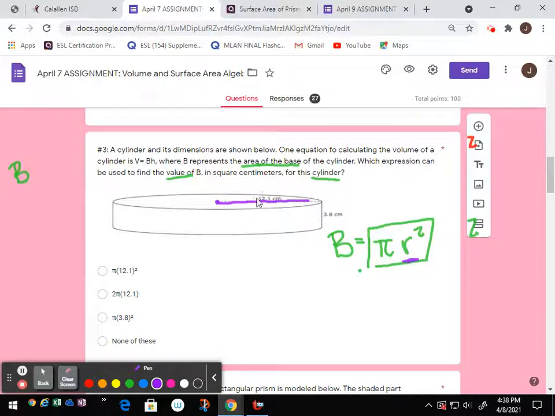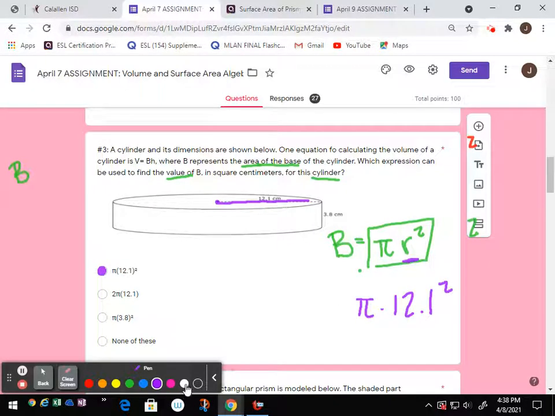It said the length is 12.1. So all we do is replace r with 12.1. So we have pi times 12.1 squared. And when we look at all these answer choices, we see that A matches our answer.